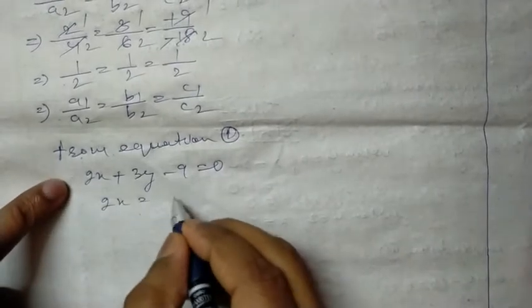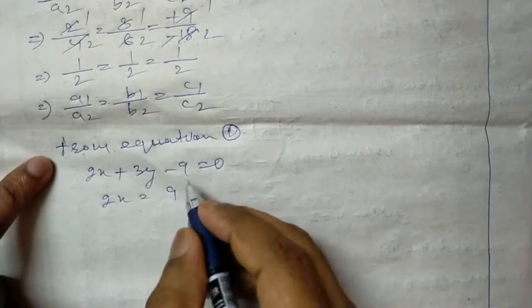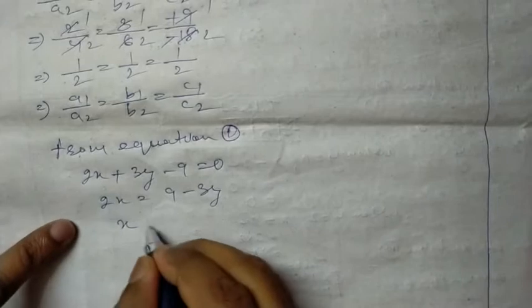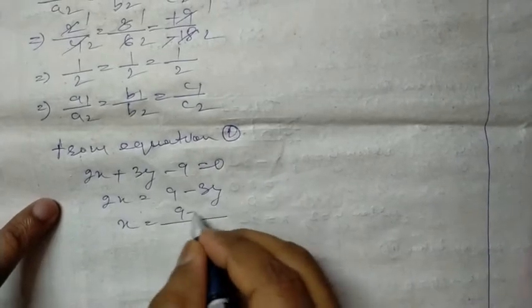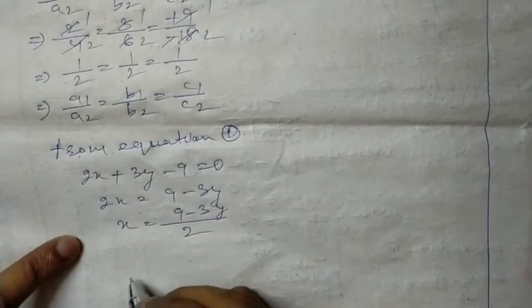So 2x, if I take minus 9 to the right hand side, it will be positive 9, and plus 3y will be minus 3y. So x equals (9 minus 3y) divided by 2.